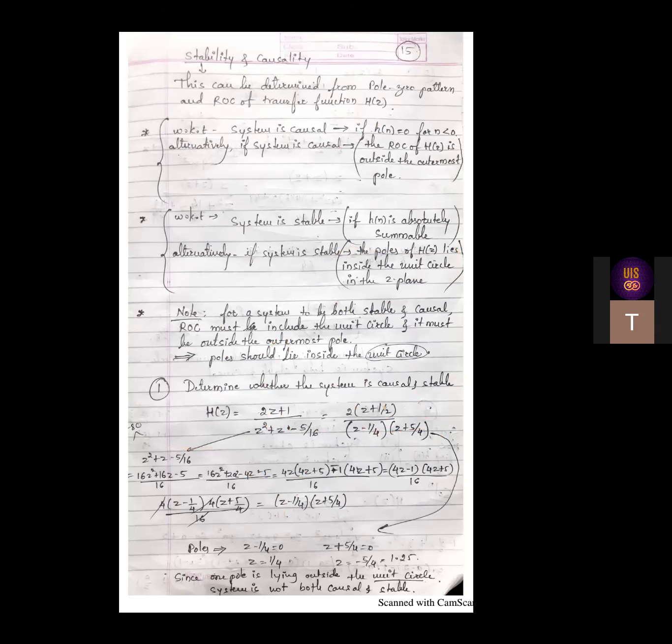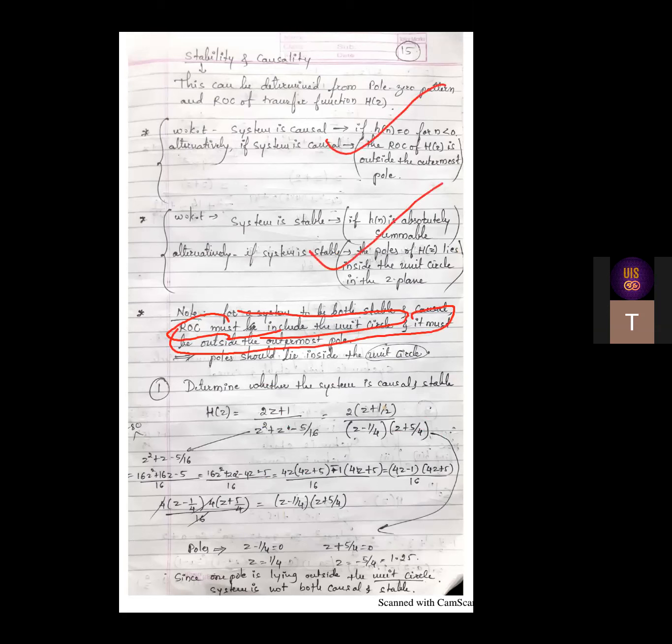Now coming to the third point, where we check both stability and causality together. The condition for this is that the ROC must include the unit circle and it must be outside the outermost pole.